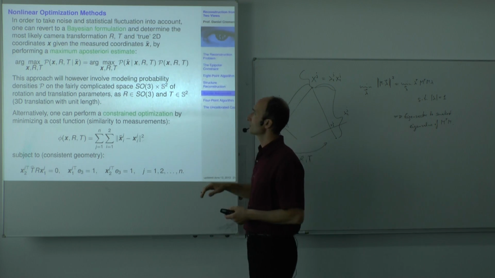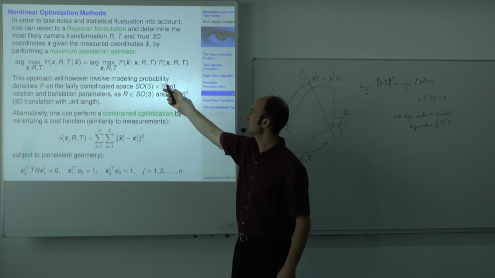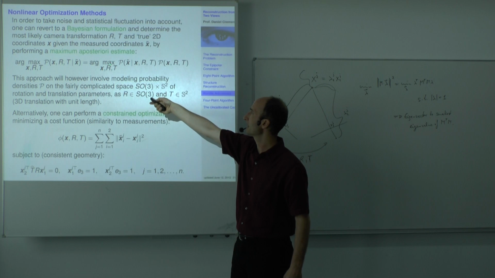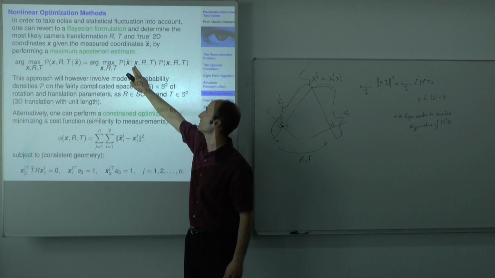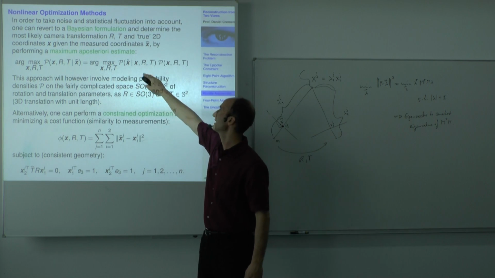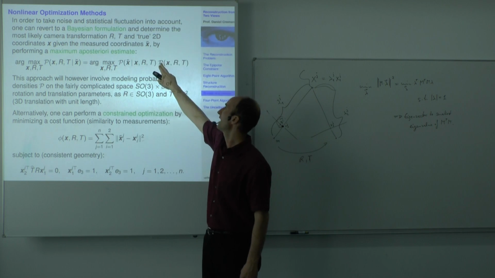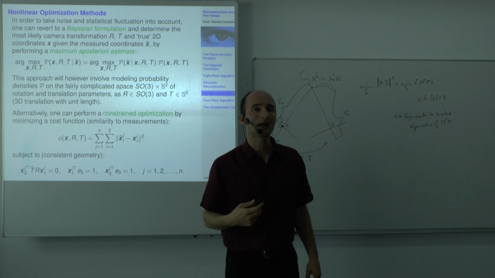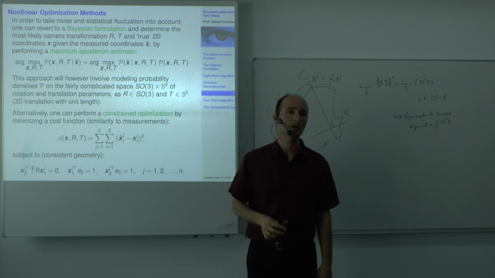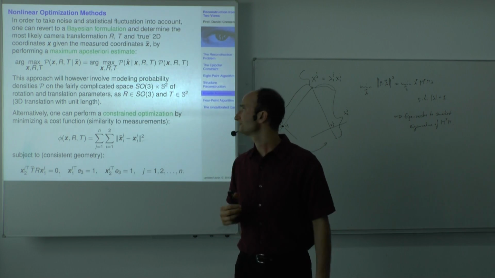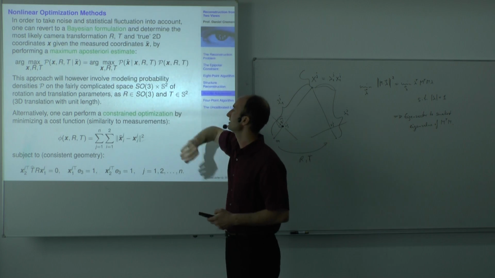Then there is the so-called Bayesian formula that you can use to rephrase that, and you can say this is equivalent to maximizing the probability of observing these 2D coordinates given the true ones and the camera transformation, times some prior probability on how likely different rotations, translations, and 2D coordinates are a priori. This is called the prior or a priori distribution.